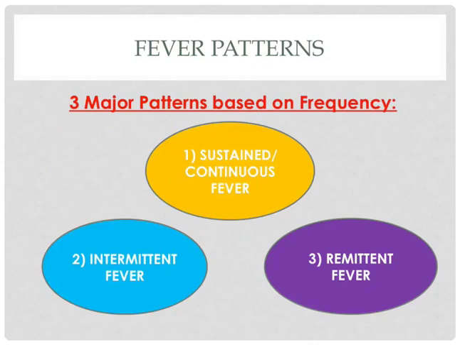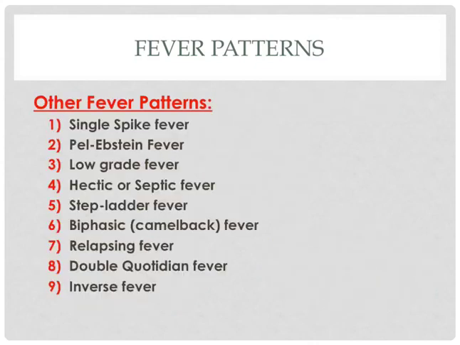We'll talk about the major patterns, and then we'll also talk about other fever patterns which are very interesting. There's a single spike fever, and what should you think about it? Just one fever: Pel-Ebstein fever. There's low-grade fever, hectic or septic fever, stepladder fever, biphasic, relapsing, double quotidian, and inverse fever.